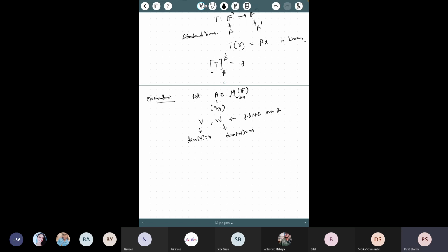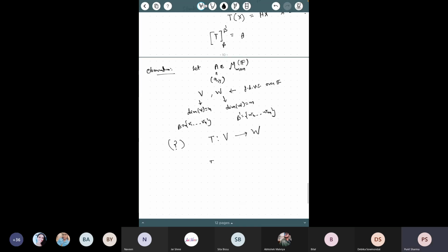And assume a basis V1 to Vn of V and W1 to Wm of W. Now the question is, can you find a linear transformation T from V to W such that the matrix of T with respect to B and B dash is equal to A? This is the question.